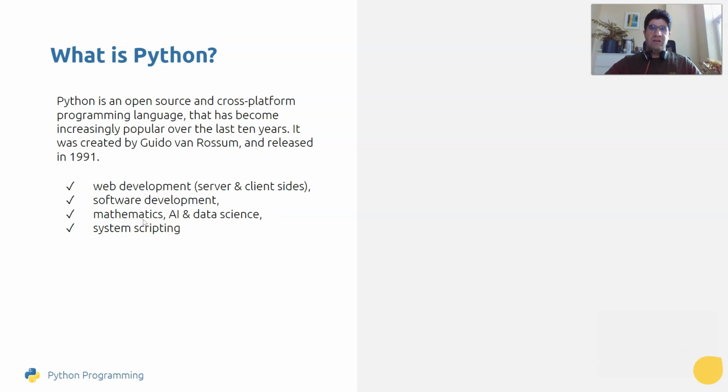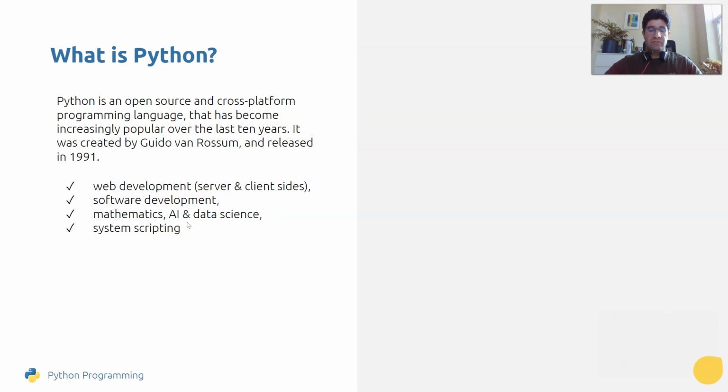But one of the main areas that increased Python's popularity is scientific research. Mathematics, AI, and data science somehow boosted the popularity, especially with the comprehensive packages and libraries that exist for AI and data science in the Python ecosystem.